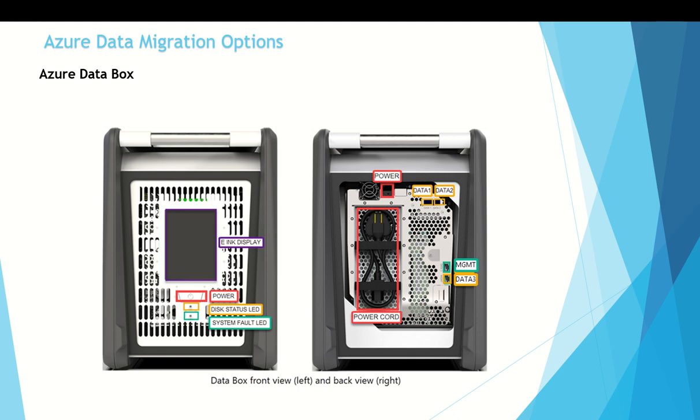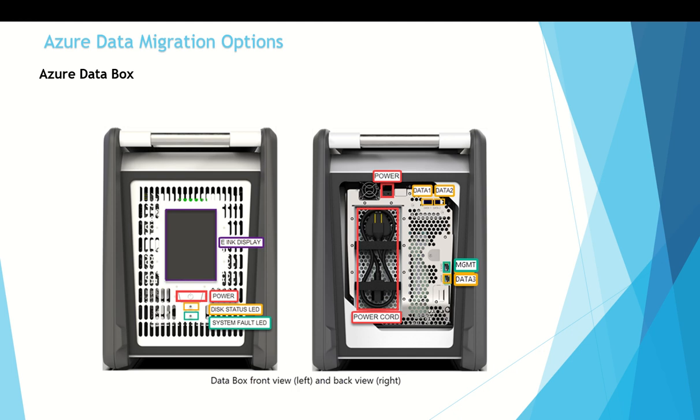Azure Data Box is a physical migration service that helps transfer large amounts of data in a quick, inexpensive and reliable way. The secure data transfer is accelerated by shipping you a proprietary Data Box storage device that has a maximum usable storage capacity of 80 terabytes. So it's huge.